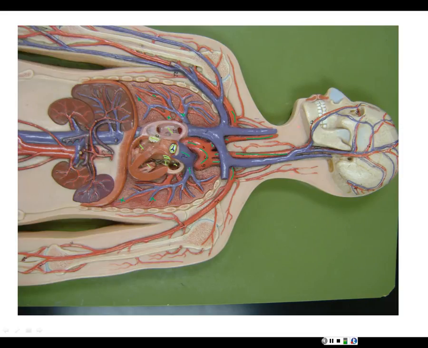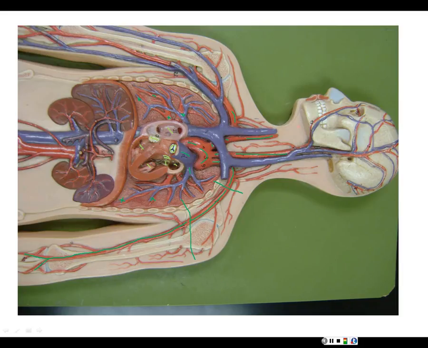When the subclavian artery passes the first rib is when it will transition into the axillary artery. When the axillary artery passes approximately the head of the humerus, it will transition into the brachial artery, and the brachial artery will continue until it reaches the elbow joint, where it will branch into the radial and ulnar arteries, and I will designate those on a later slide.